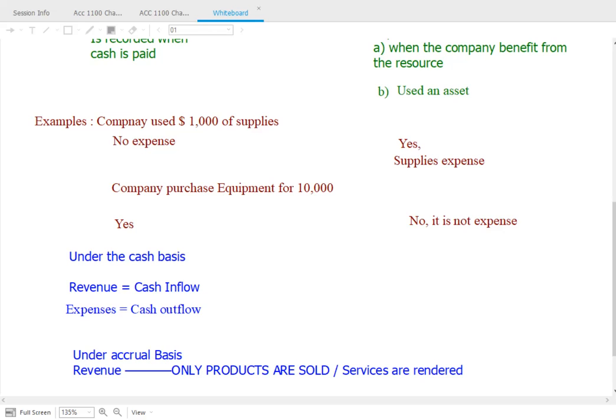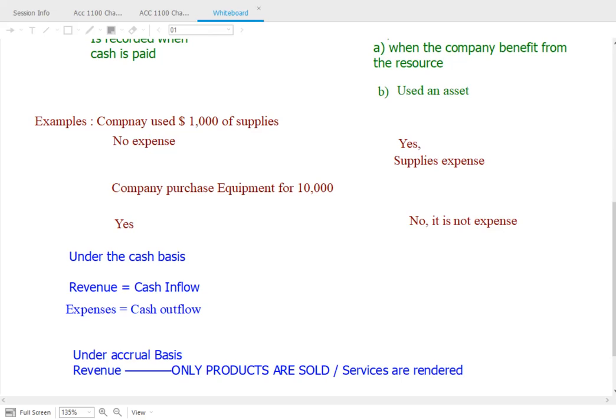For the expenses, I record that when I benefit from what I purchase, if I benefit from the resource, or when I use an asset other than cash, to be specific. When I benefit from any asset other than cash.